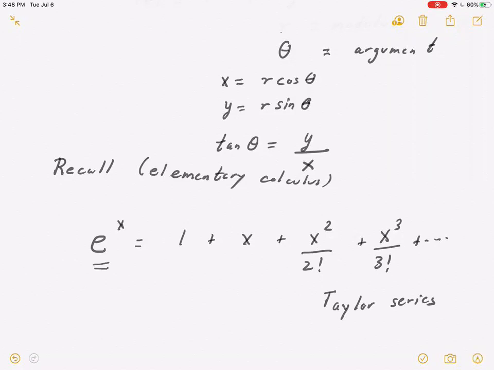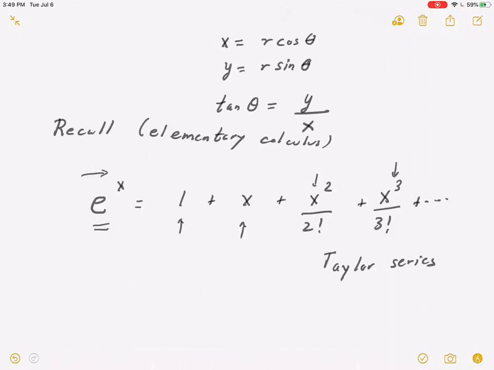If you want to know what e to the x is, all you have to do is evaluate the first term, second term, third term, and fourth term, knowing x, and add those up. You'll get an approximation to e to the x. And if you want a better approximation, just use more terms. And it turns out that you don't have to use a billion terms to get a decent approximation for e to the x.